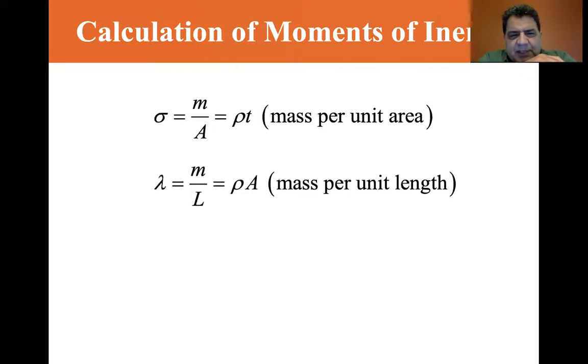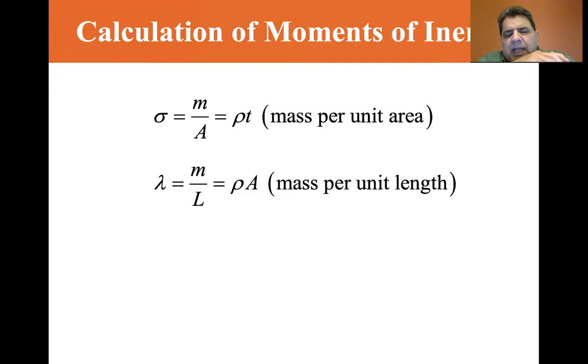So that is mass divided by an area, equal to rho times a thickness. And lambda is mass per unit length. Rho times an area, mass divided by volume times an area, will leave you mass divided by length. So that's mass per unit length.